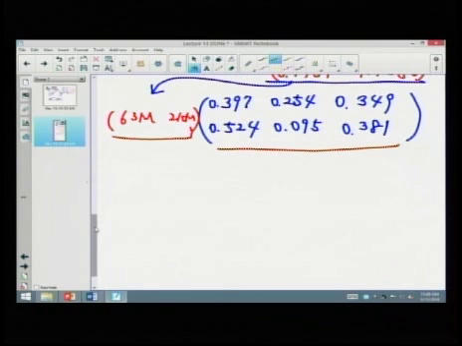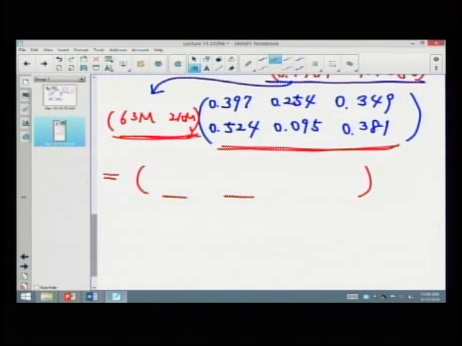So please multiply these values and let me know what you got here. It's got to be 1 by 3, right? Because it's 2 by 1 times 2 by 3. I'm sorry, it's 1 by 2. 1 by 2 times 2 by 3 should become 1 by 3.